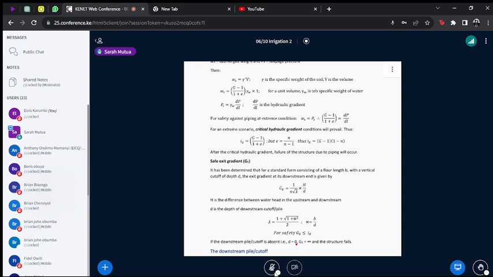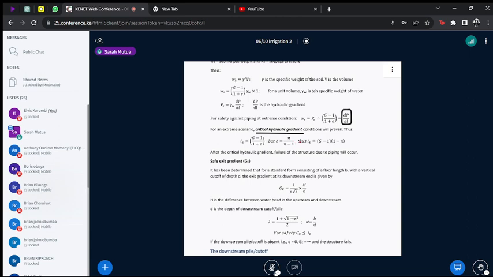Now, for an extreme scenario, that is when we have the critical hydraulic gradient conditions, if we set this one to be equal to the extreme exit gradient, then it is equal to (G minus 1) over (1 plus e).